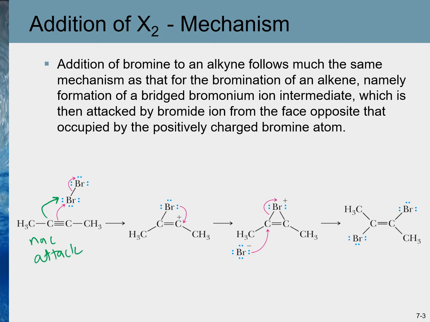The pi electrons act as a nucleophile and bromine acts as an electrophile, and this will result in an intermediate which is resonance stabilized, and it has a bridging bromonium component in it. In the second step, the bromine nucleophile will attack from the opposite end of the bridge, and the end product will be the dibromoalkene.